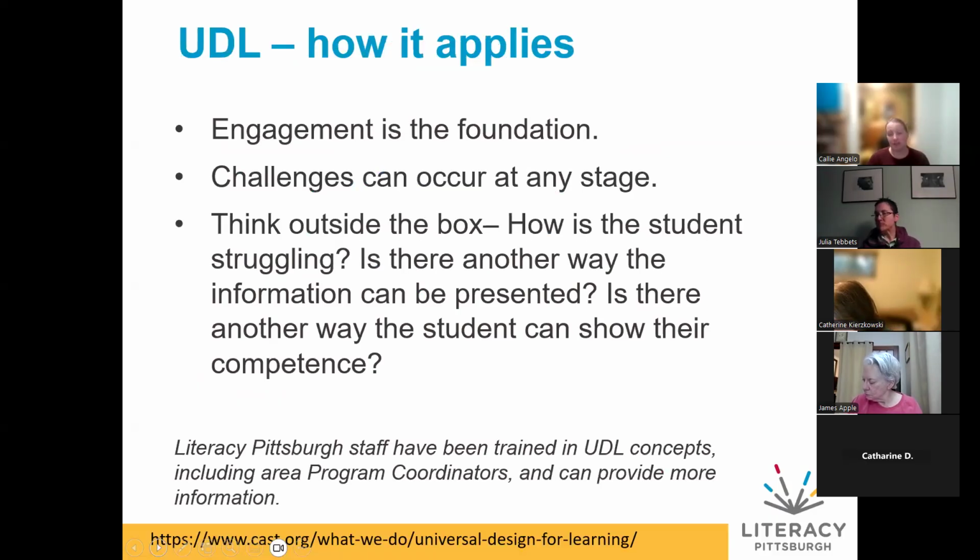So for our purposes, what we're using this theory for today is remembering engagement is the foundation of good instruction. We need the buy-in of our students, and we need them to be on board because this is ultimately for them, right? We also need to think challenges can occur at any stage of this framework.